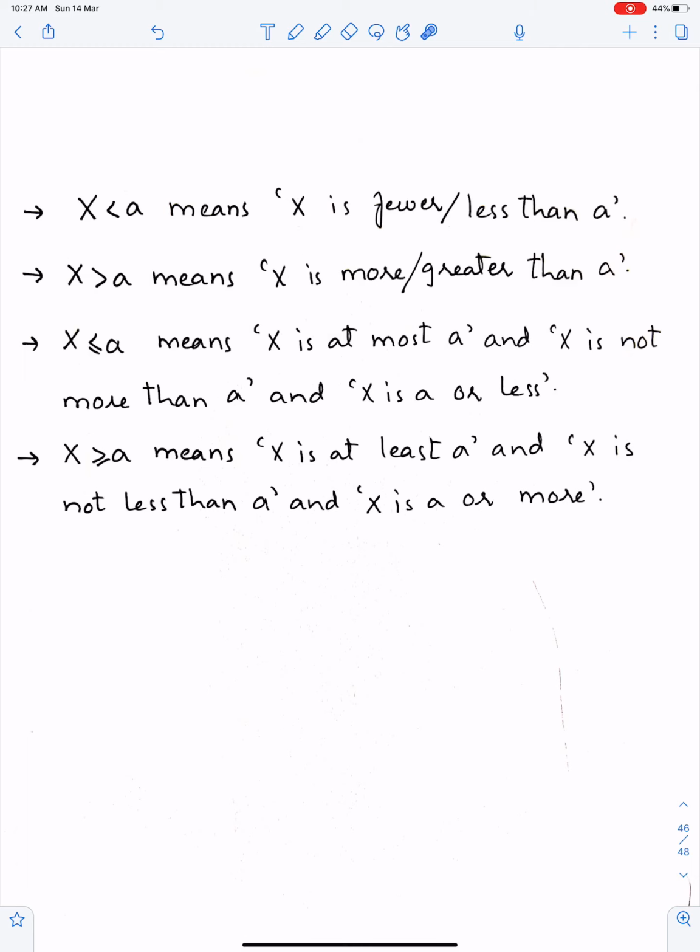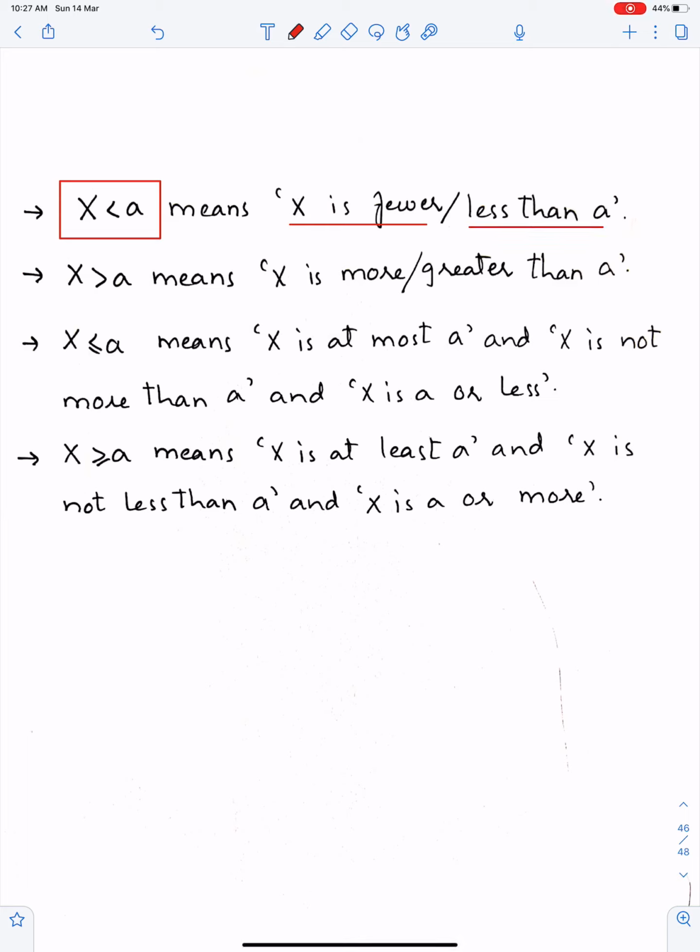X is fewer or less than A. This is simple to read.